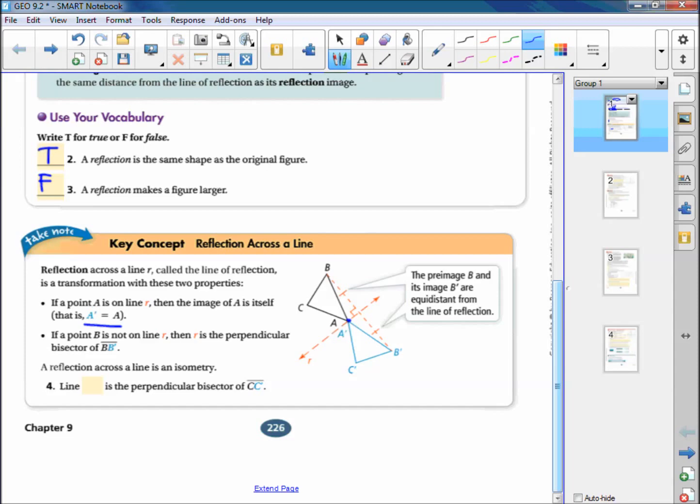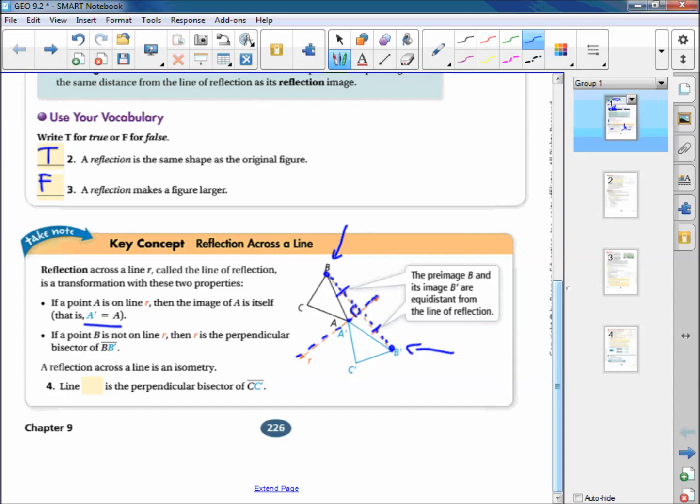If a point B is not on line R, that's this one up here in our pre-image, then R is a perpendicular bisector of BB prime. So it's moving B from the pre-image to B prime, the image, and that's going to be perpendicular to our line of reflection. Okay, so there's our line of reflection. And then B and B prime will be the same distance away.